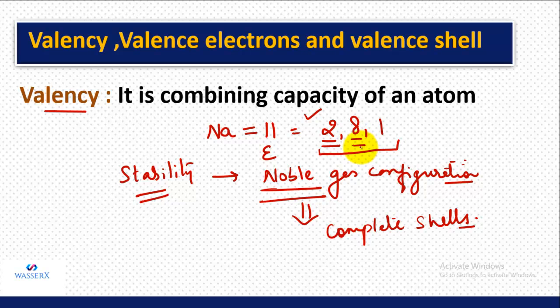The second shell can accommodate a maximum of 8 and it still possesses 8, so this shell is also stable. But the third shell has only 1 electron, and as per the rule it should have 18 electrons. So this is somehow not stable. What will it do in order to attain stability? How can it actually attain it?